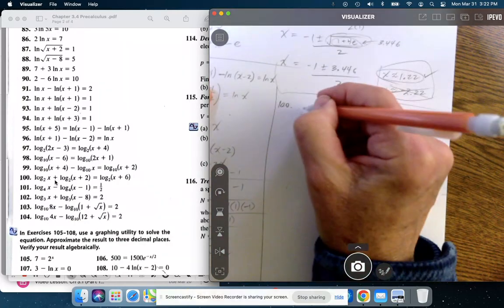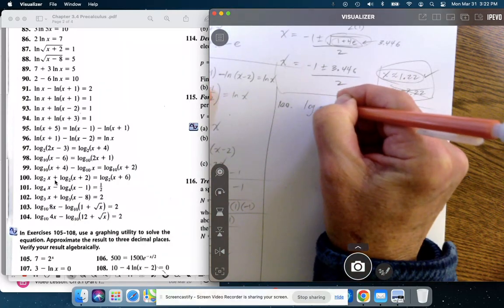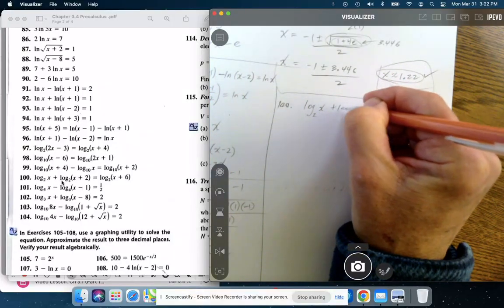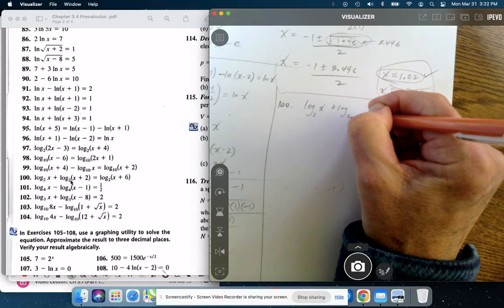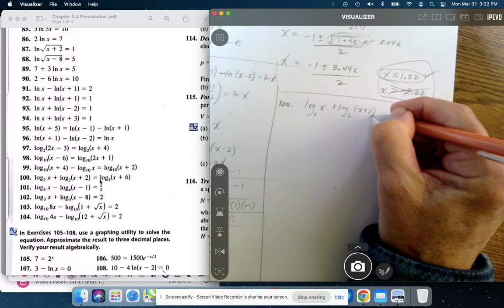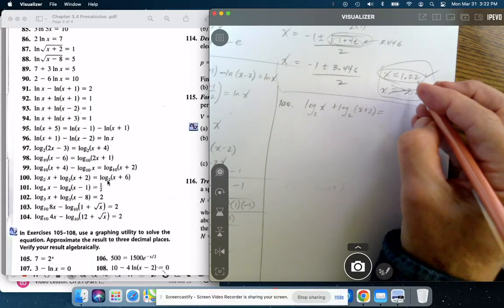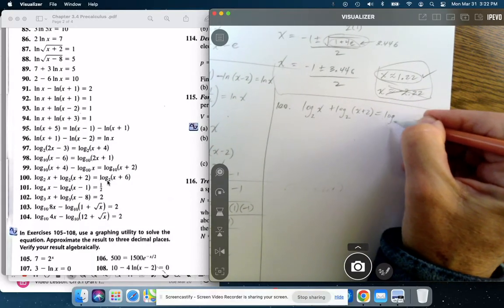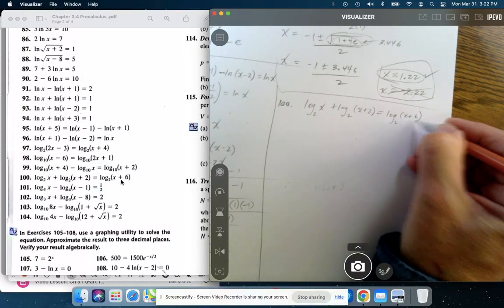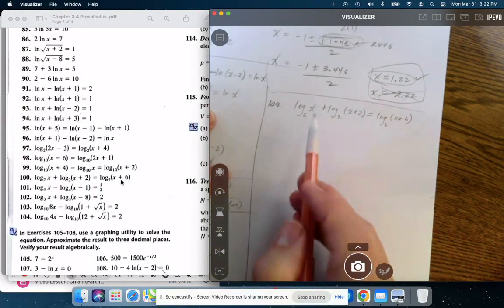Log base 2 of x plus log base 2 of x plus 2 equals log base 2 of x plus 6. So this should work out really similarly to the last one.